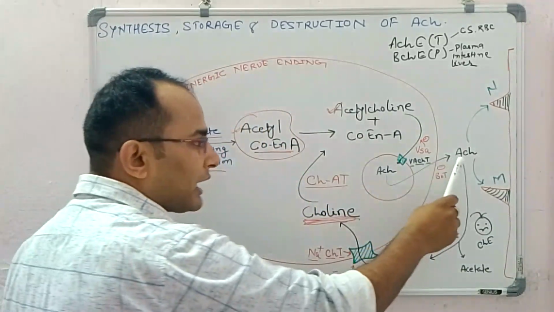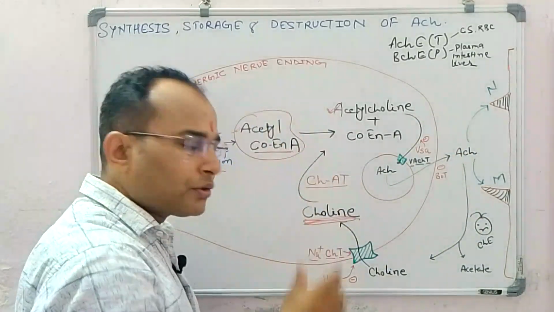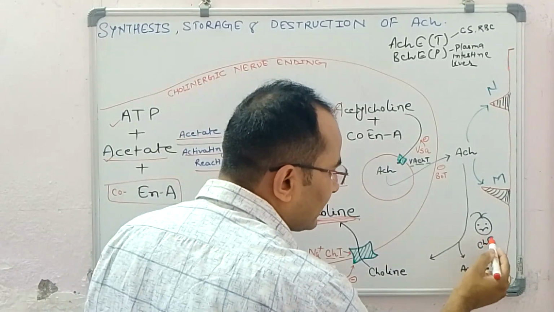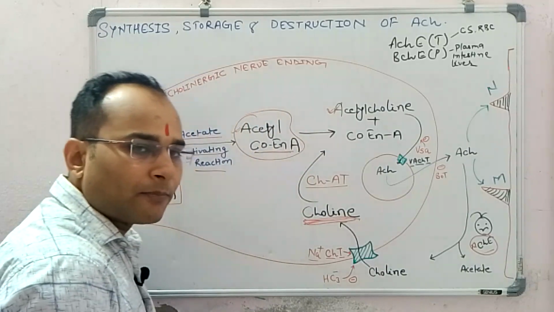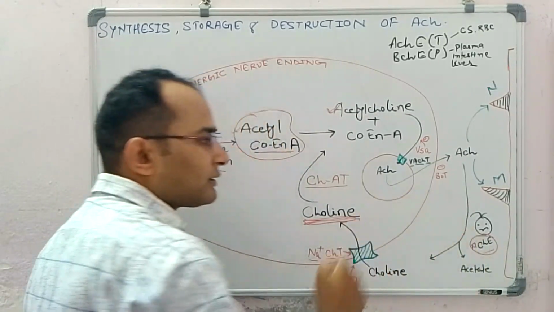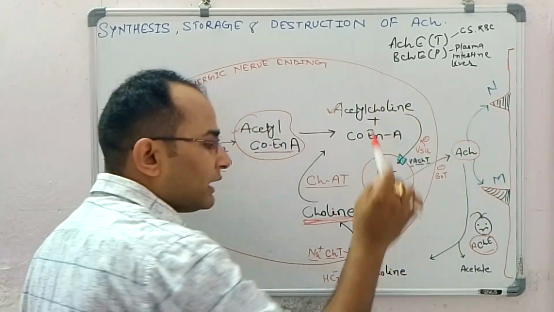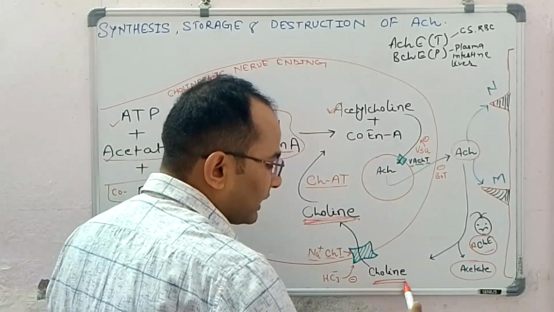And this acetylcholine in the synaptic cleft is exposed to a special enzyme called cholinesterase, or you can say acetylcholinesterase. Now this acetylcholinesterase degrades acetylcholine into acetate and choline.